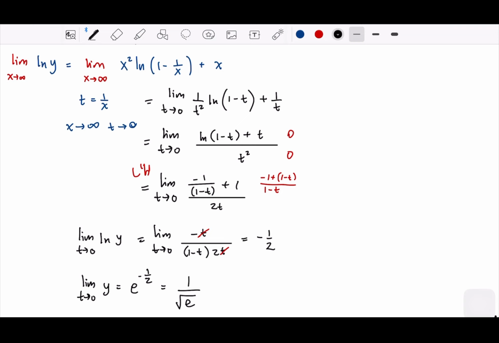So we can change the whole expression with t to make our calculations better. With this change of variable from x to t, we could see immediately that the form is 0 over 0, in which we can apply L'Hopital's rule. Because if you stop here in terms of x, we cannot really do anything, because it's not really 0 over 0 or infinite over infinite.